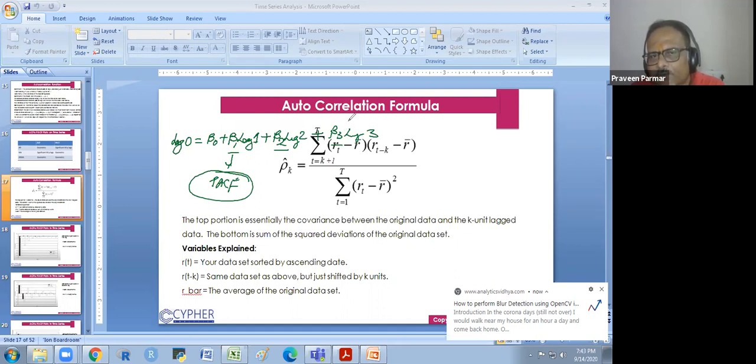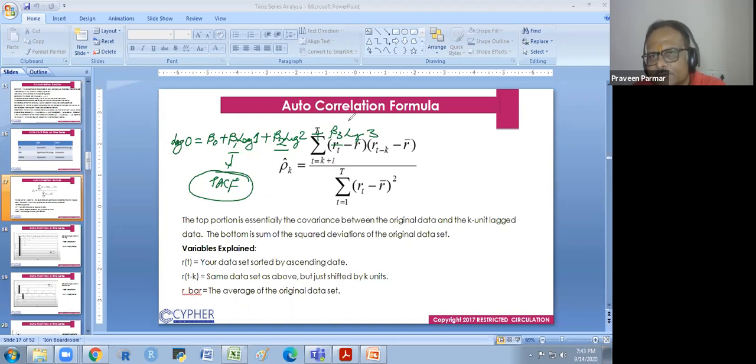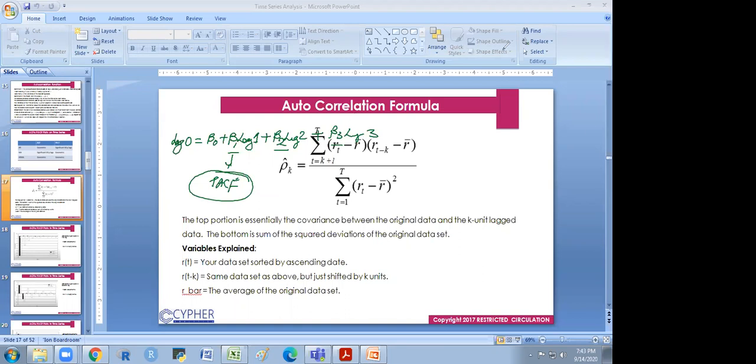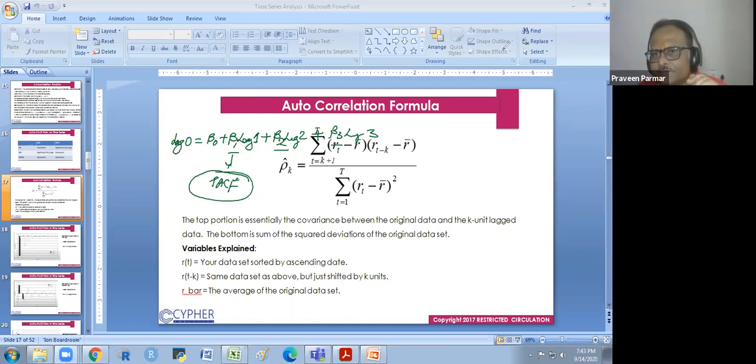Does that make sense to everyone? Yes, sir. If somebody has a doubt, you could ask me. So in this way, we get this partial autocorrelation. We have seen the autocorrelation formula.